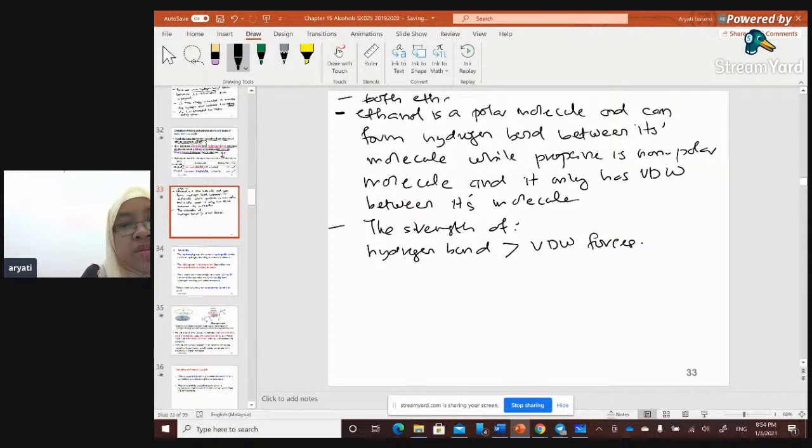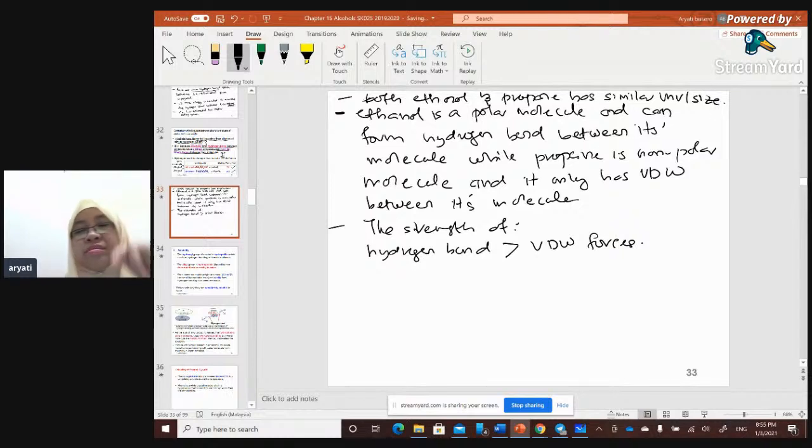Okay, ethanol and propane has similar MR or size. So ini adalah explanation untuk similar MR or size. The strength of hydrogen bond will be stronger than the van der Waals forces.